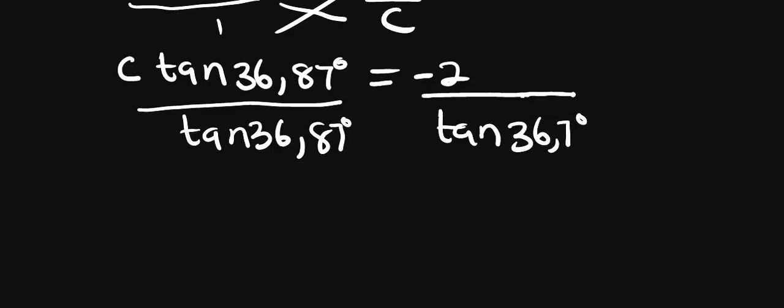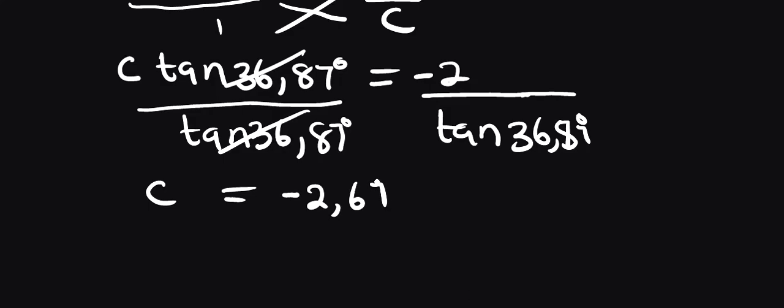We are left with c, which is equal to, if we put all this information in the calculator, negative 2 over tan 36,87. The answer that we are getting is negative 2,67. Therefore, the value of c is negative 2,67.